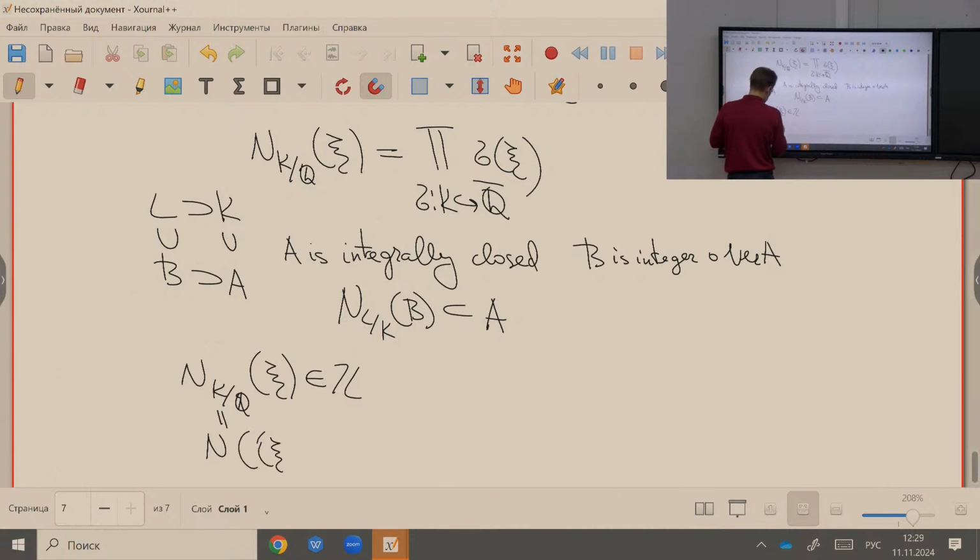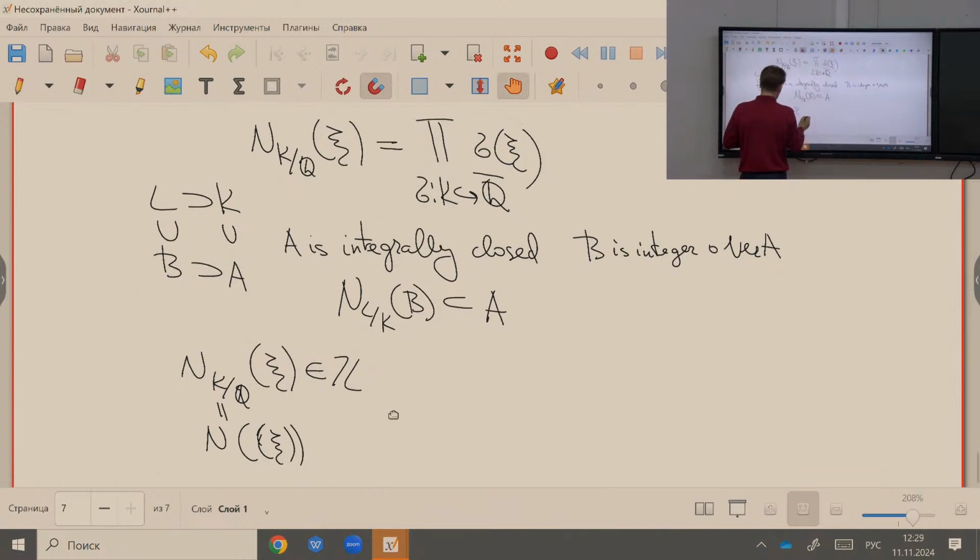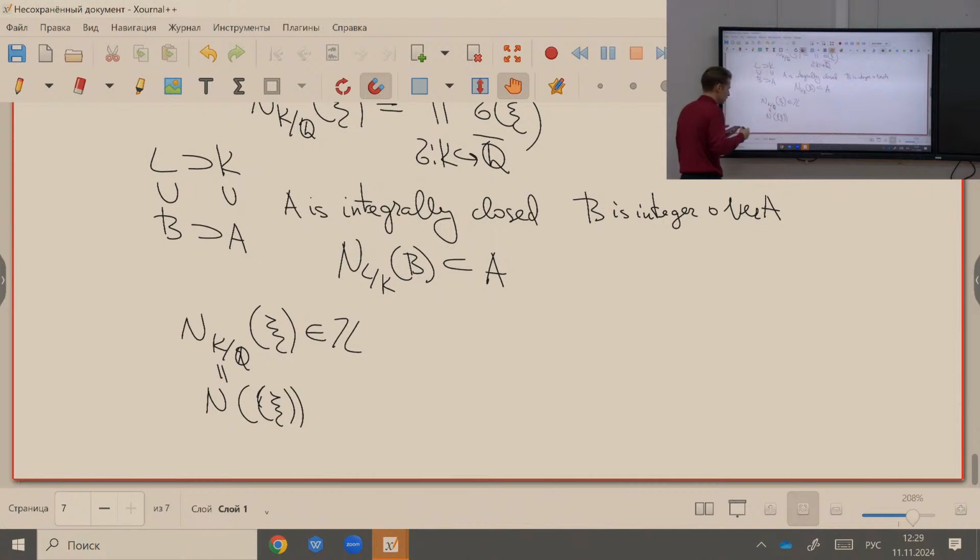Which is convenient because if you have a principal ideal, you can calculate the norm via the element or in other terms.